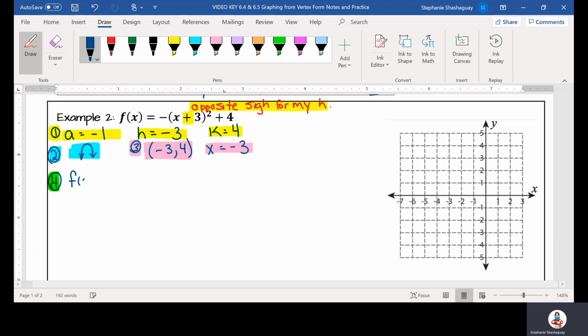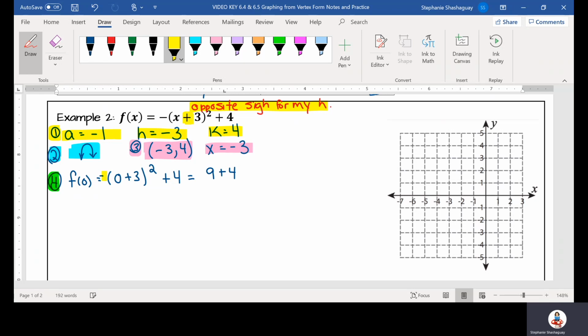So f of 0 is equal to negative, 0 plus 3 squared, plus 4. Well, 3 squared is 9 plus 4.